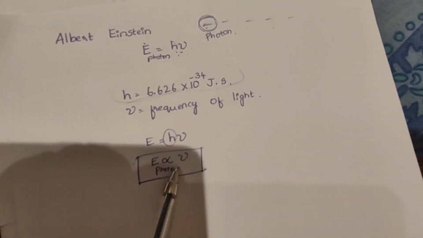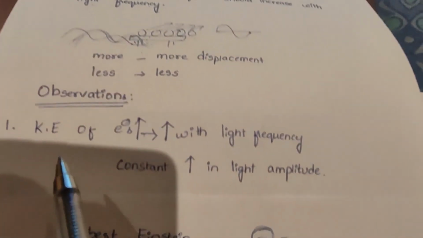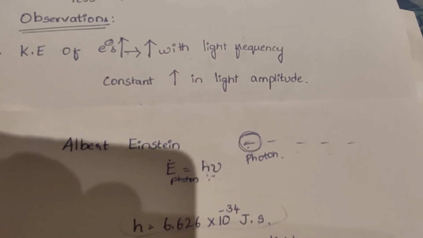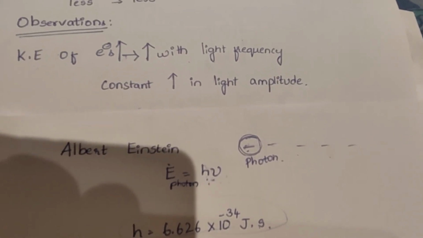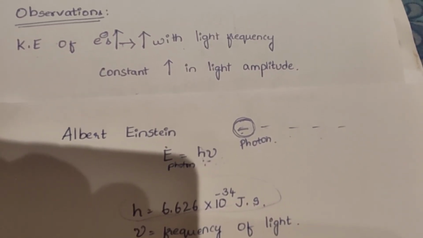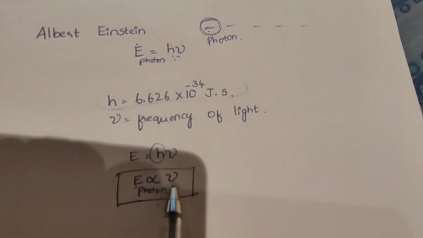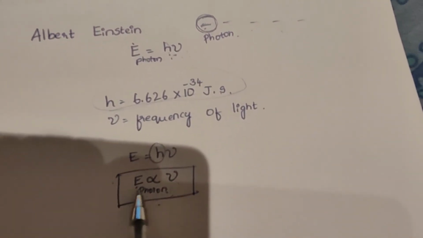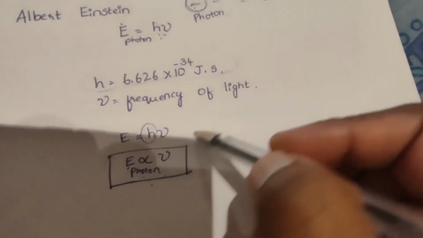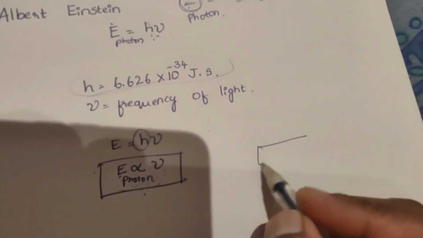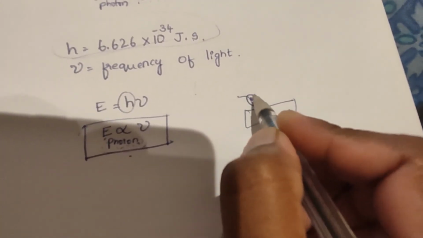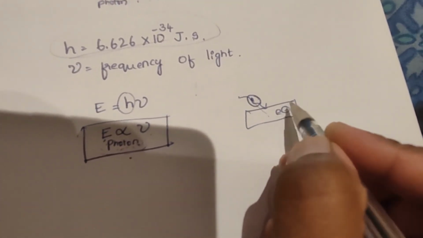So if we consider the particle nature, the first observation, kinetic energy of electrons. Here the kinetic energy of the photoelectron is proportional to frequency. So the energy of the photon will be transferred to electrons.